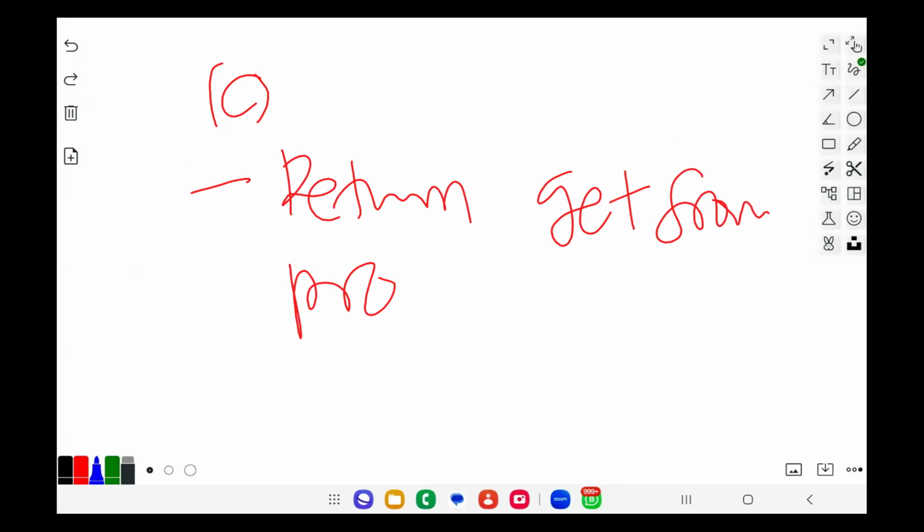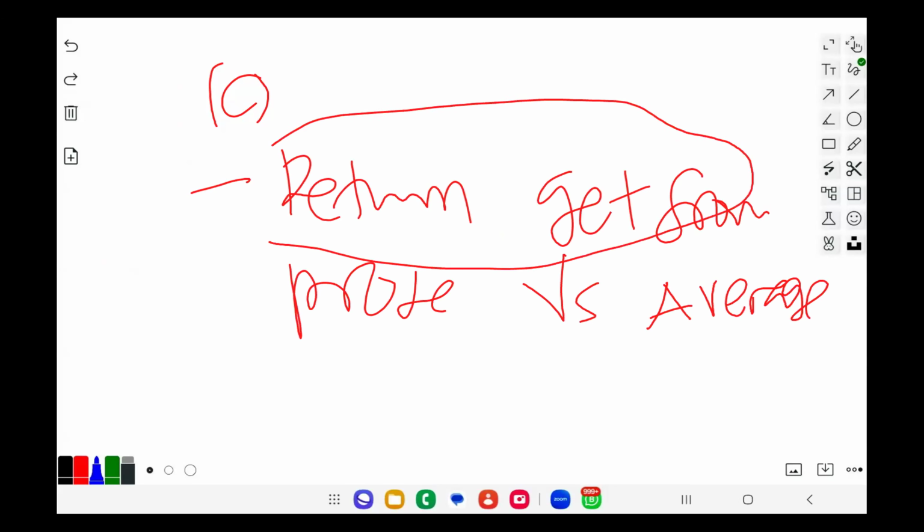So we are comparing the actual return from the project vis-a-vis the average return or the expected return.